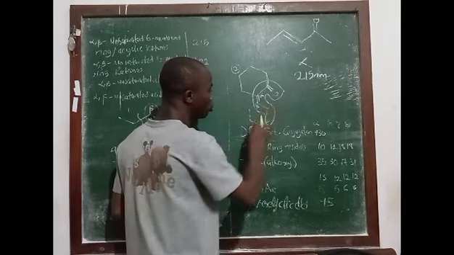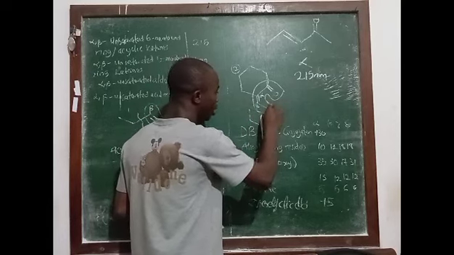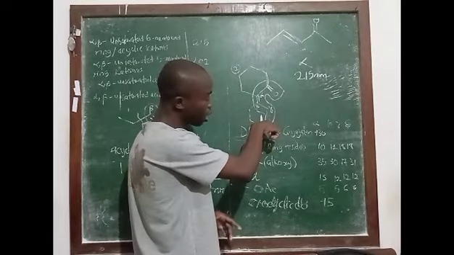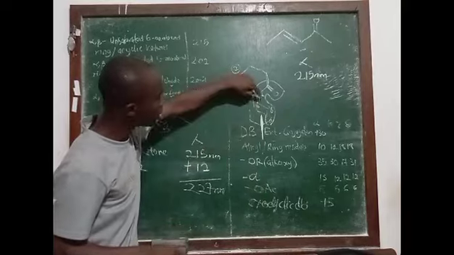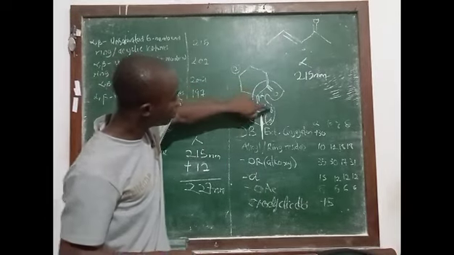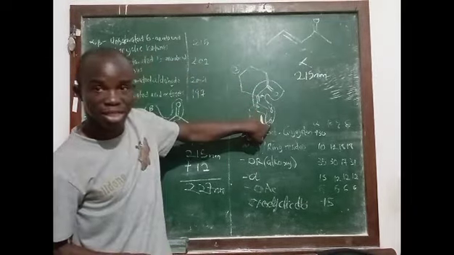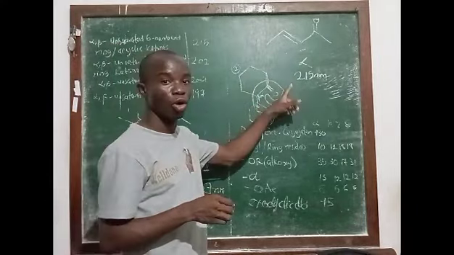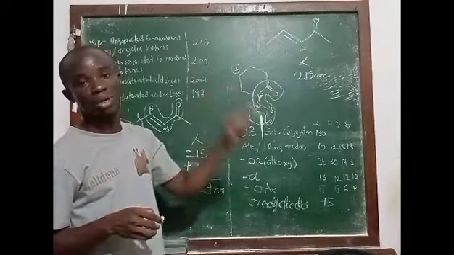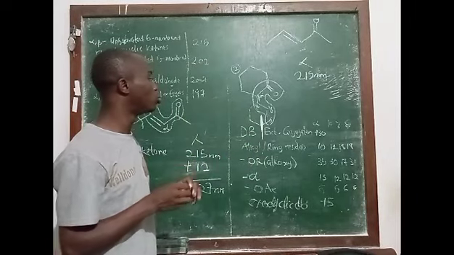The carbon here will be the gamma carbon, and the carbon here, the last carbon in the conjugation system, will be what? The delta carbon. So this is alpha, this is beta, this is gamma, and this is the delta. That's the next thing to do after identifying the chromophore and the basic lambda value for that particular chromophore.